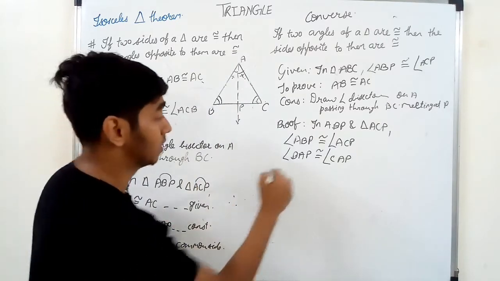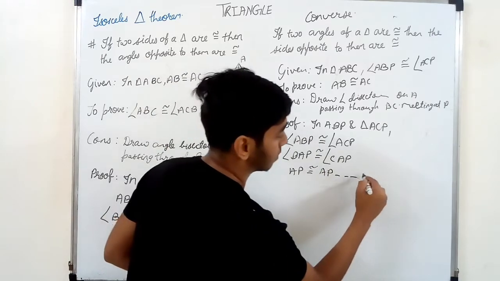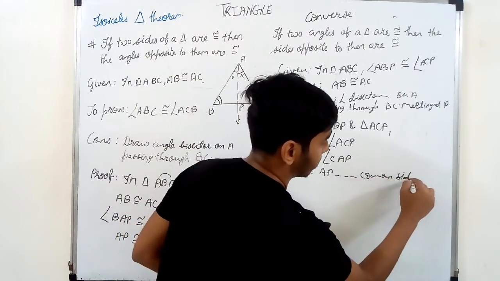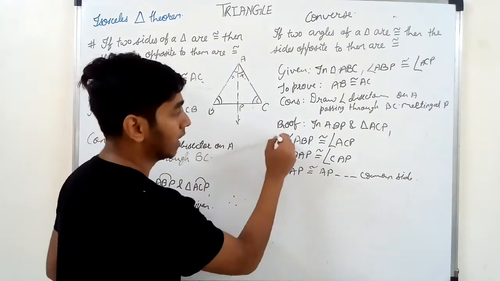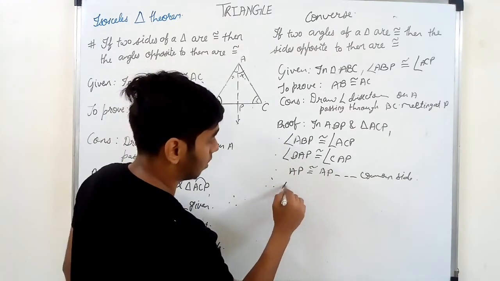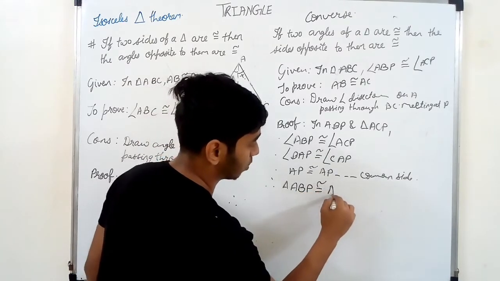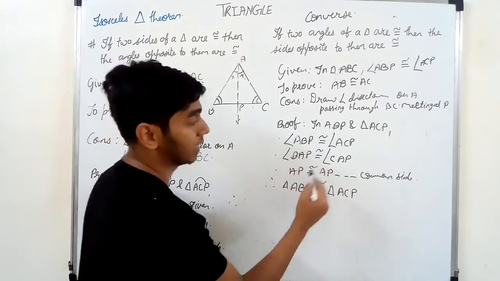So we'll say AP is congruent to AP because common side. So what we have got? ASA. Therefore triangle ABP is congruent to triangle ACP. Why? By ASA test.